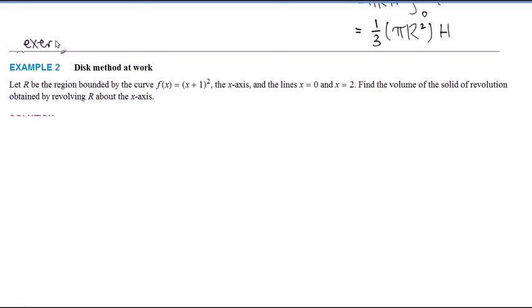Exercise number 1 was the cone, right? But let's check on the picture first. Everybody will work on the first part, drawing the picture of the region, before you rotate it. Let's do that part first. And once everybody agrees on that region, we're going to find the volume of this rotation. So exercise 2, part 1: sketch the region correctly.